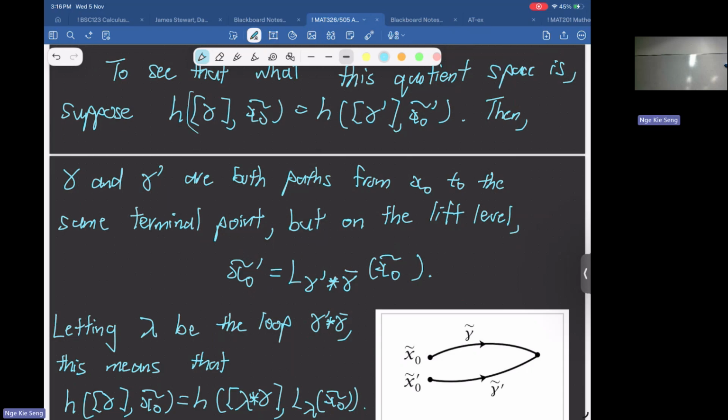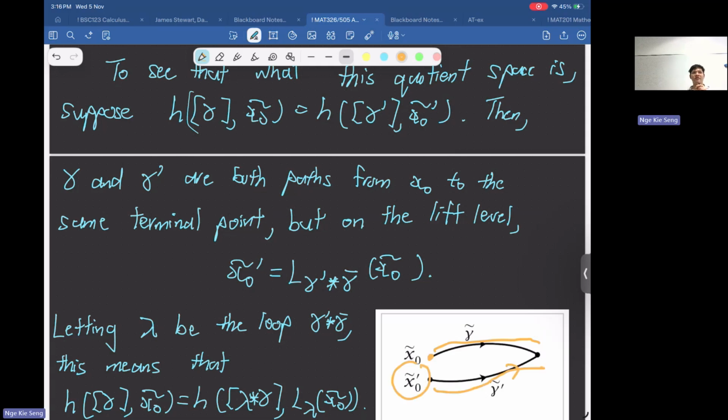So you have a gamma, you leave from S not tilde, and then you check the endpoint. I think the picture is here. You start with S not tilde, you lift it, and this endpoint is the same as another path that starts at a different place.